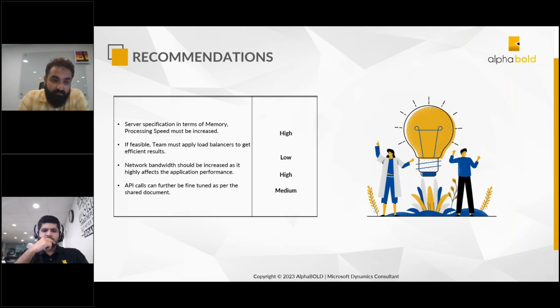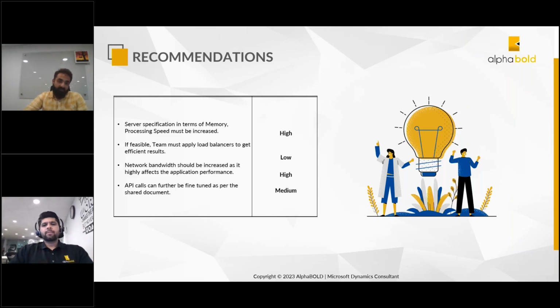If feasible, the team must apply load balancers to get efficient results. We gave this a low priority, because if they increase the server specifications, there are chances that with the current desired load they wouldn't be required to implement load balancers.